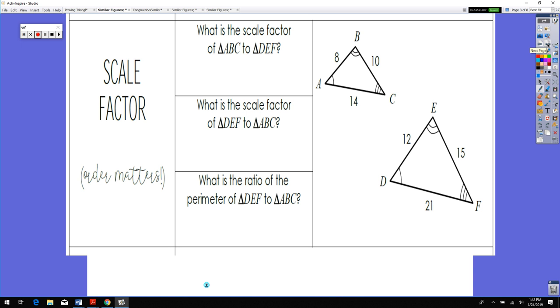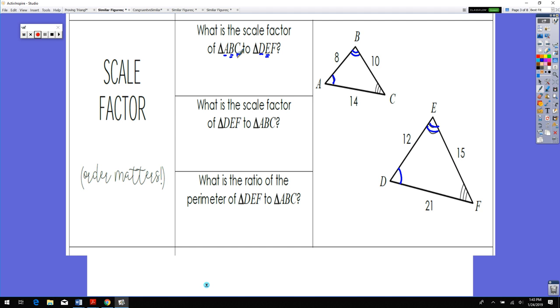So what's the scale factor of triangle ABC to DEF? Before we do that, I want to go ahead and review how the angles are marked and matched. So remember that angle A and angle D are congruent. Angle B and angle E are congruent.